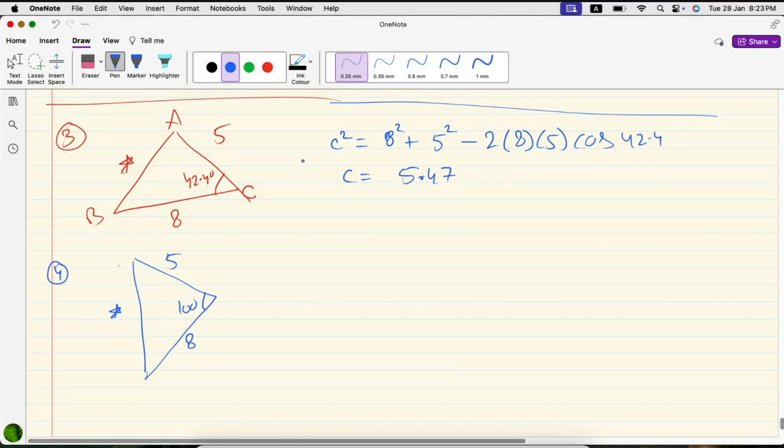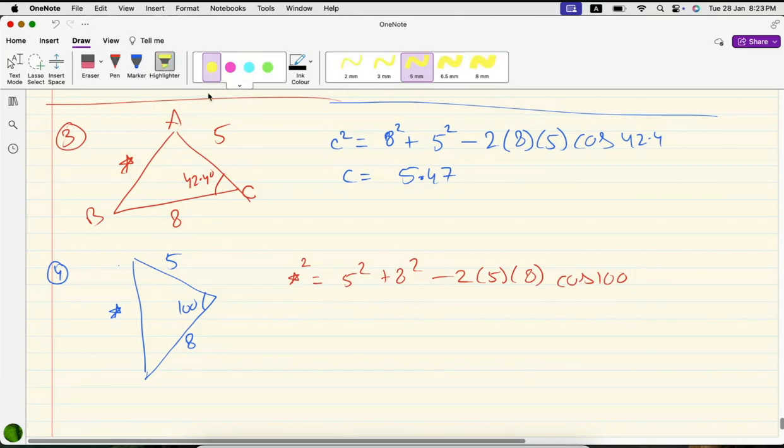Still doing it? Sir, I'm working for missing side. If you would notice, everything is same as the previous question. Yes, sir, it's just same.